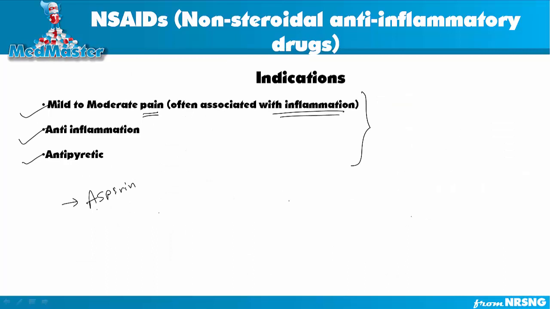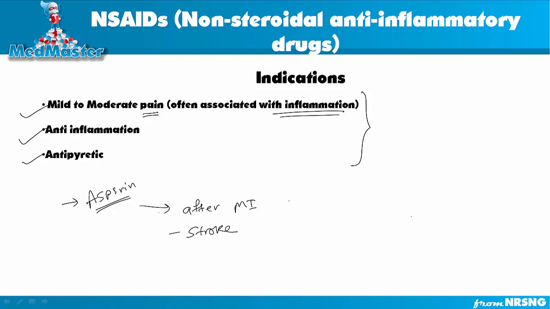Because of that, aspirin is used after myocardial infarction and stroke to prevent further clot formation, further MI and stroke.